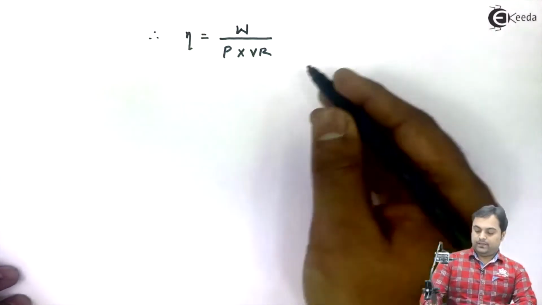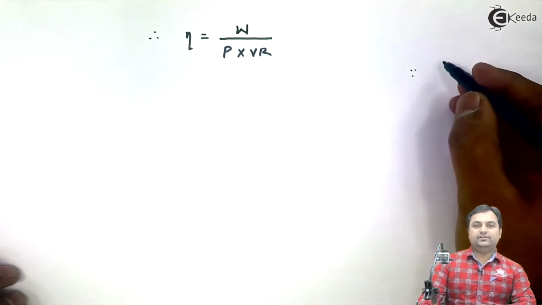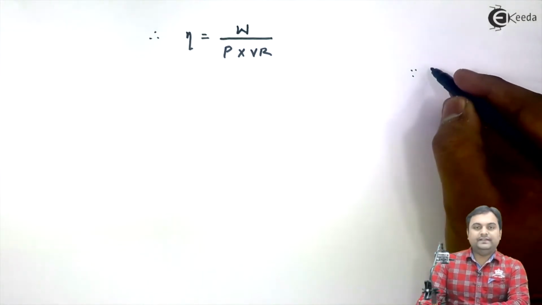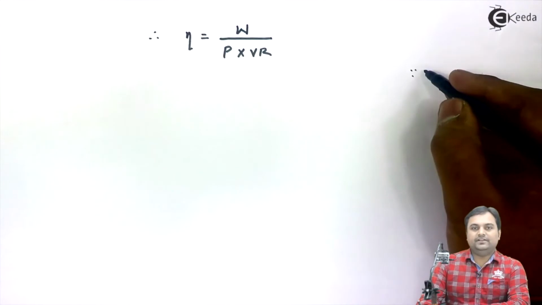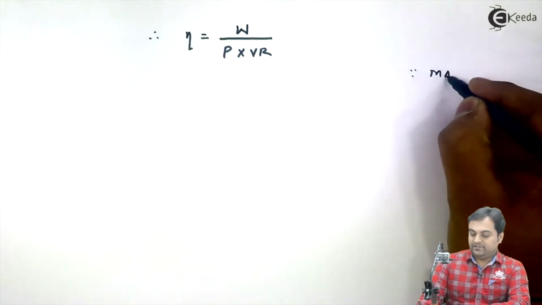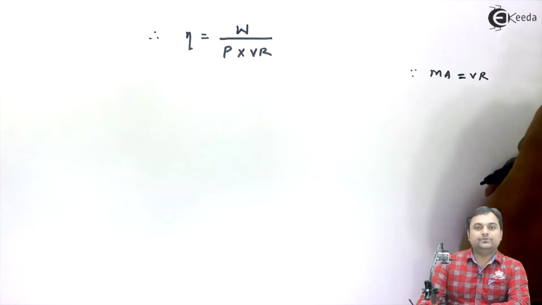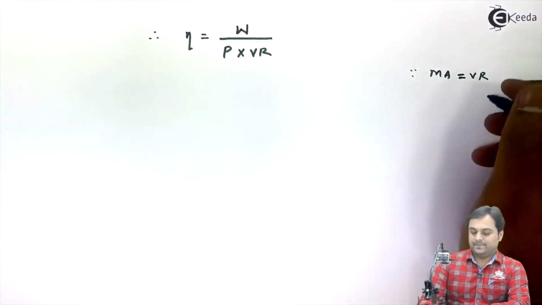Now, since we want ideal effort in this problem, ideal effort will be there if the machine is ideal, and machine will be ideal if efficiency is 100%, or we can say that mechanical advantage is equal to velocity ratio. This condition needs to be used when the machine is ideal.